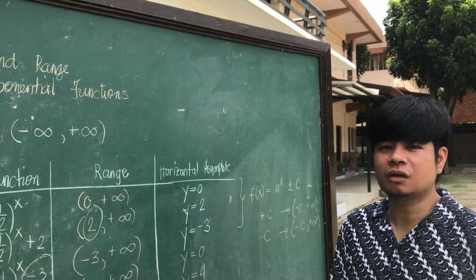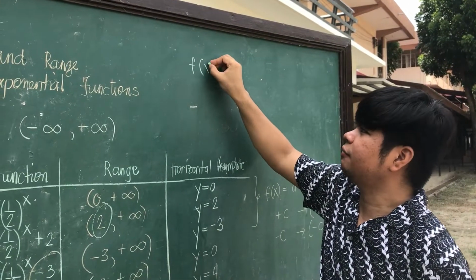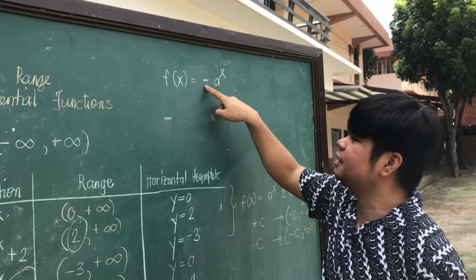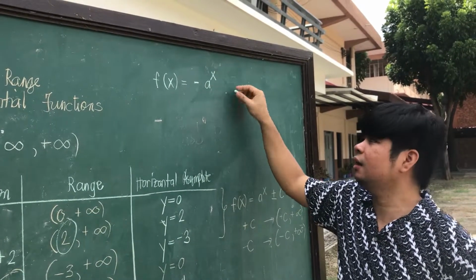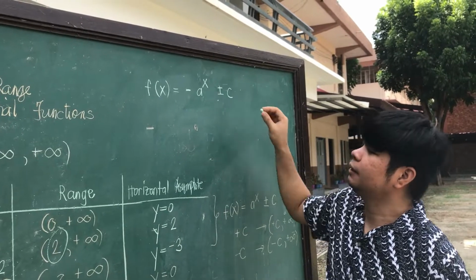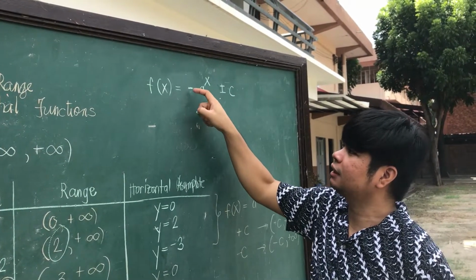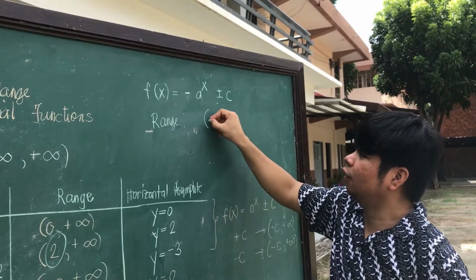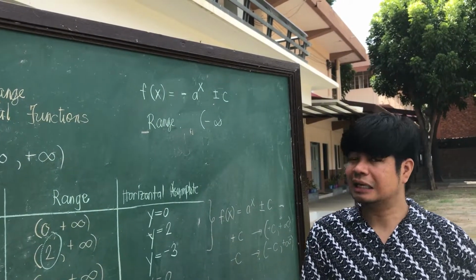It means to say also that if you have a function f of x is equal to negative a raised to x, remember this negative sign is not part of the base a, okay? Plus or minus c, then it means to say this negative sign will automatically tell you that all values of y decrease.